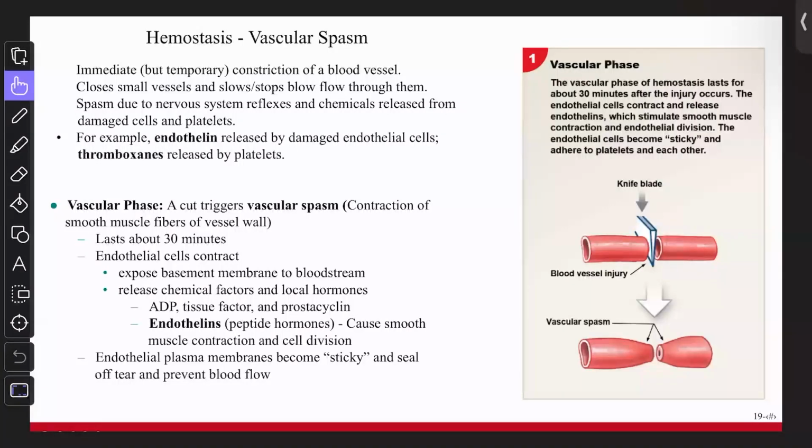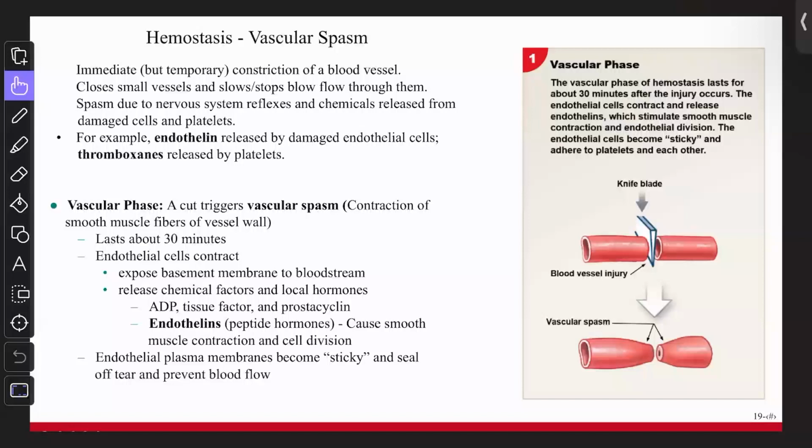First of all, when the endothelial cells contract, there is exposure of the basement membrane of those endothelial cells to the blood. This is not a normal thing. Normally the basement membrane is covered by the endothelial cells, but when they contract, when they get pulled, there's exposure, okay?